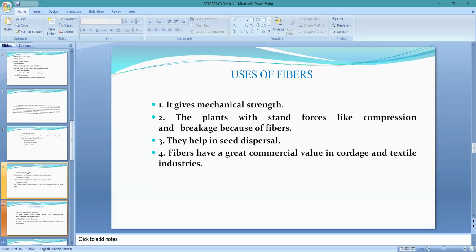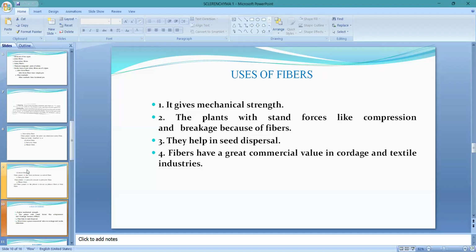One example for these fibers is hemp, Cannabis sativa; jute, Corchorus capsularis; and next, flax fibers, Linum. Example for flax is Linum.